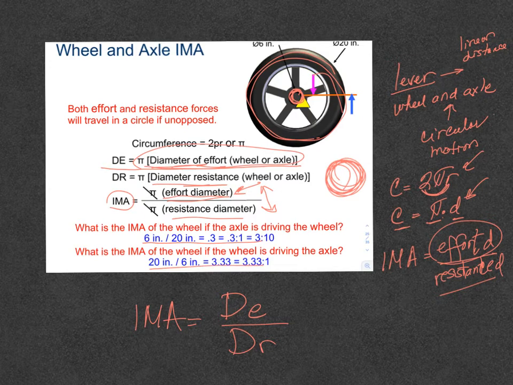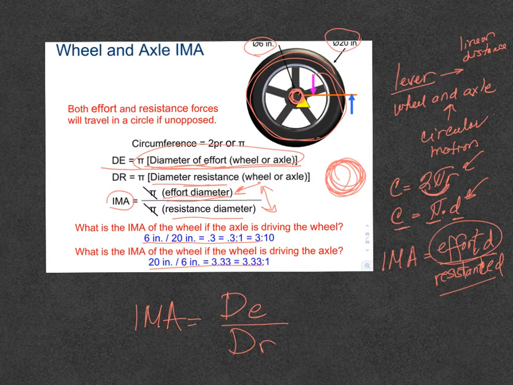Let's say that the diameter of the axle is 6 inches and the diameter of the wheel is 20 inches. Your first step is to identify who is doing the effort.